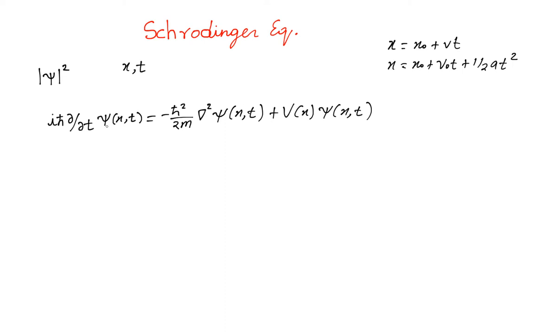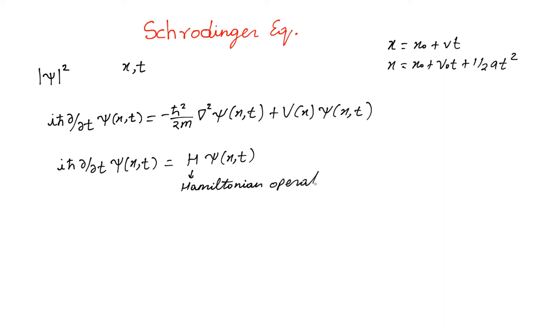So here the Schrodinger equation is telling how the wave function evolves with time, and actually we can write it a little differently like this. And this H is called the Hamiltonian operator. As you can clearly see, it's an operator which is acting on the wave function psi.